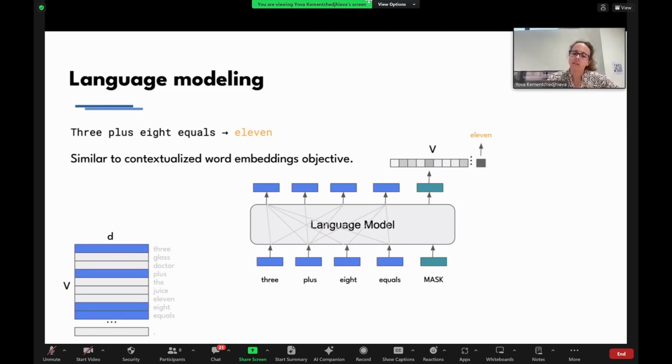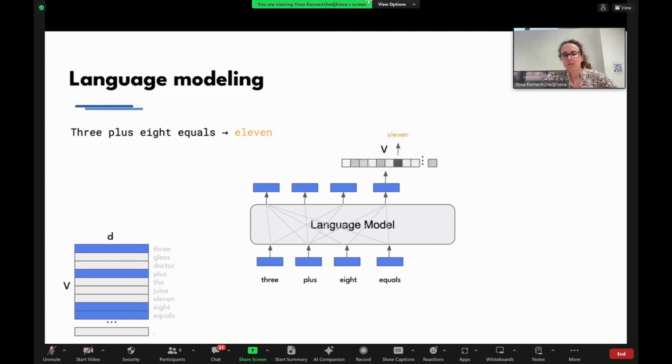So we can have 3 plus 8 equals mask. The mask occurs in the position of the next token, which is what we want to predict. And we can just do the same as before to obtain a probability over the vocabulary and to get a maximum over that, giving us the word 11.